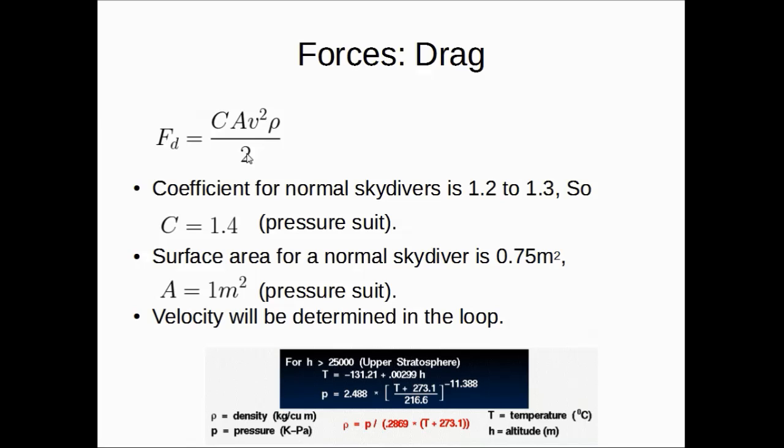So the only thing left is the density of the air, and we combine it with this equation over here, which is P, the pressure, divided by 0.2869 times the temperature in Celsius plus 273.1, and we can find the temperature in Celsius and the pressure with these equations over here, and this is only valid in the upper stratosphere, which is 25,000 meters and higher.